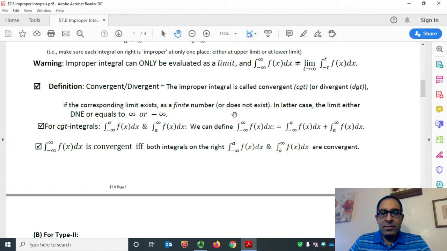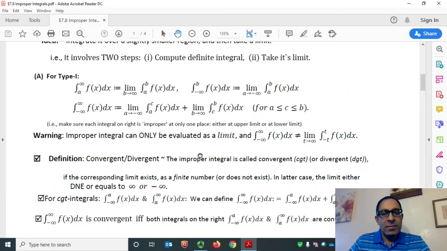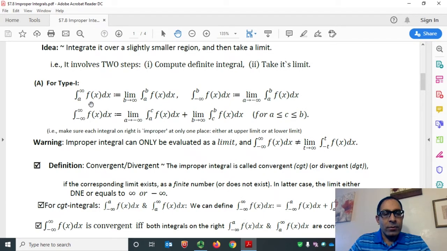In the latter case, the limit either does not exist or equals plus infinity or minus infinity. So the improper integral is convergent if the limit exists, and we know in calculus 1 not every function has a limit, right? Sometimes the limit may not exist. If the limit exists, then the improper integral is called convergent. It's a new terminology.